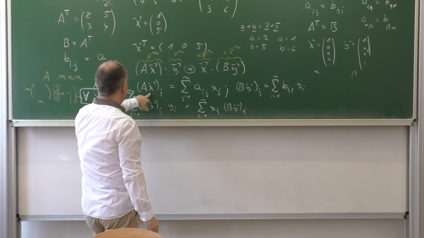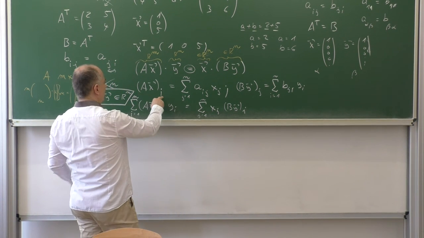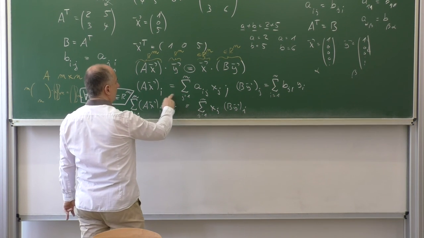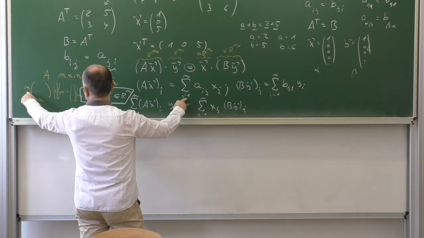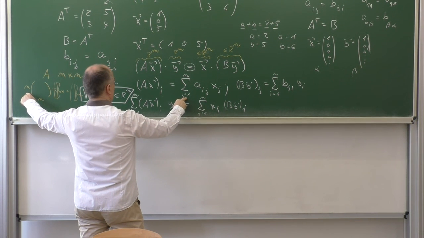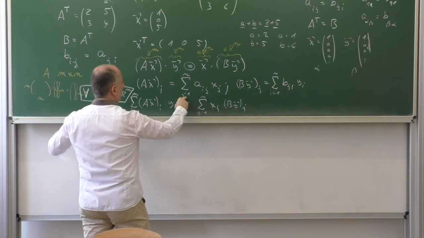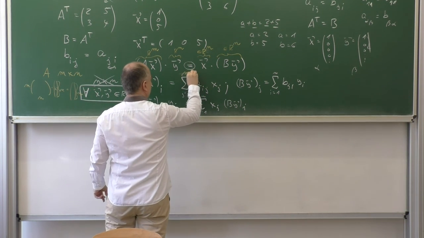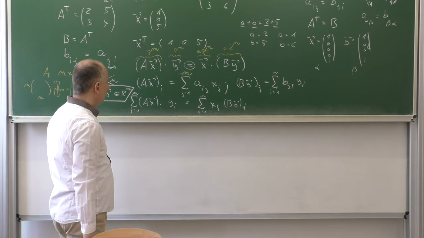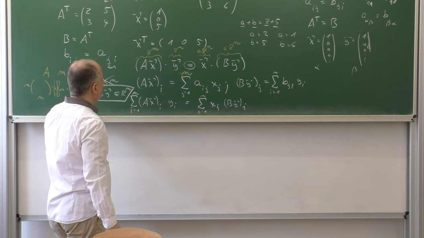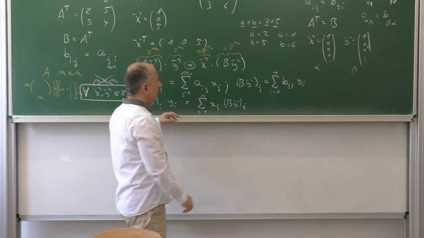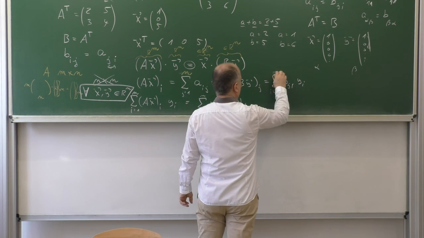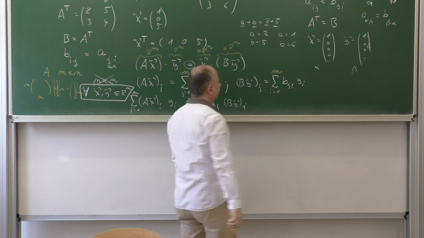So Ax_i is this sum when j runs from 1 to n. So let me write it in yellow. And y has m components, so this goes up to m.